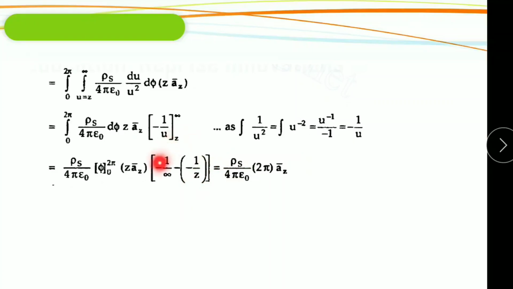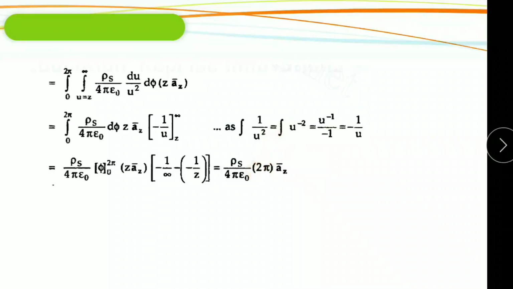Why? Because here 1 by infinity means 0, minus of minus is plus, that is 1 by z. By cancelling z and z here, there is only rho s by 4 pi epsilon naught times 2 pi az bar.